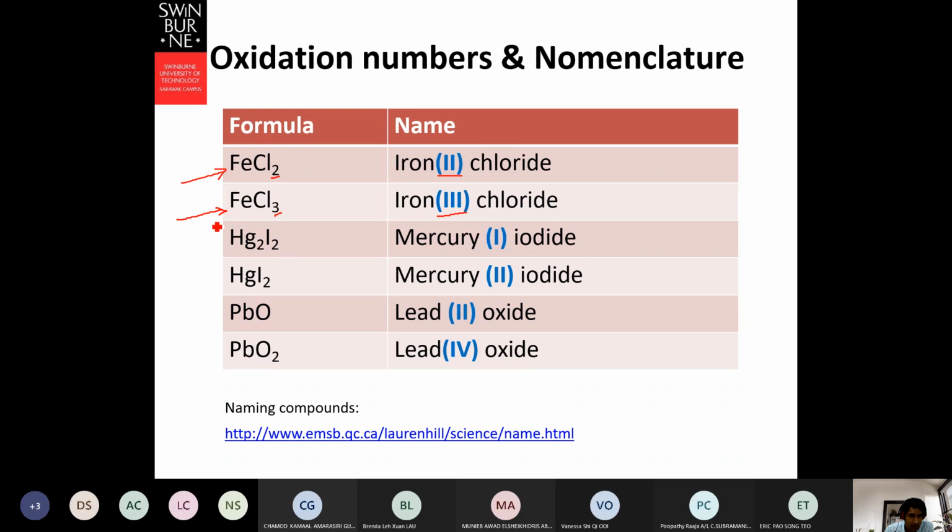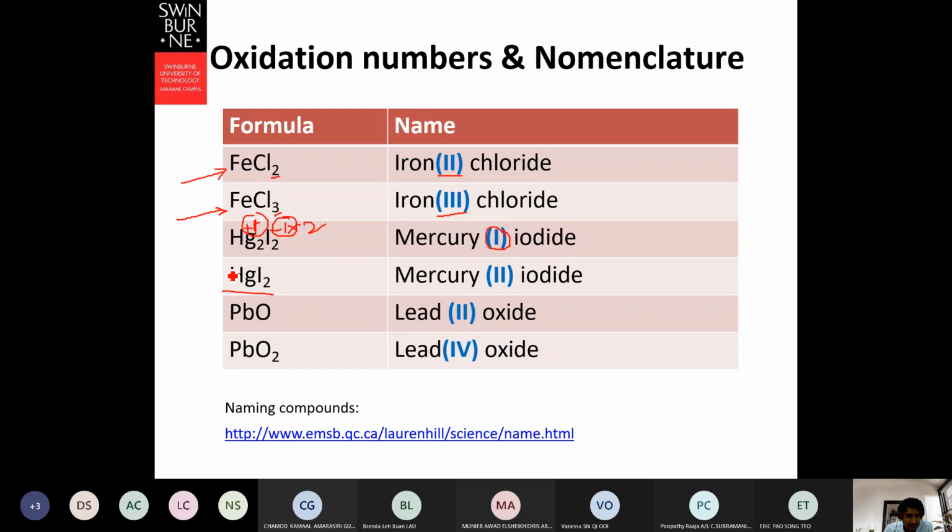There are 2 mercury, each of them having 1 positive, and this is oxygen or iodine, each of them having 1 negative. So 2 times 1. So this is 1 oxidation state, right? And that is why it takes the 1.